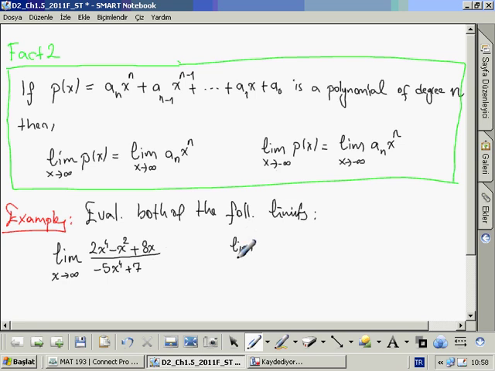and the limit as x goes to, I'm sorry, minus infinity, with the same numerator and also the same denominator.